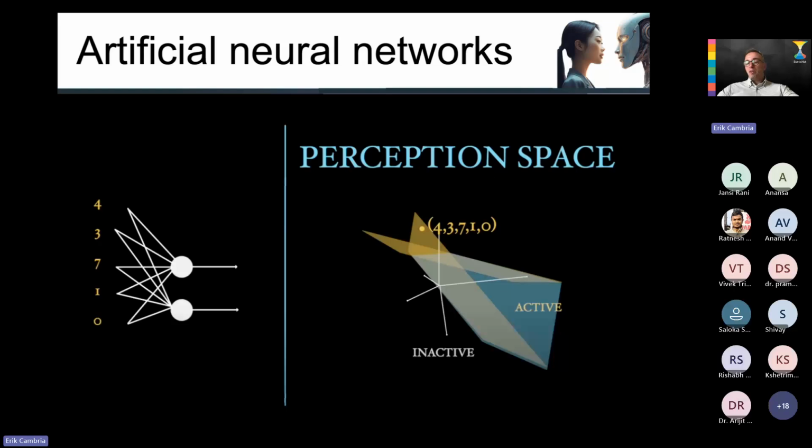The very interesting stuff happens later when I start stacking more nodes. So I still have the same number of inputs, but this time I have 2 nodes. What does that mean? It means that I have 2 hyperplanes, and I can more specifically find those pockets of meaning in my perception space.